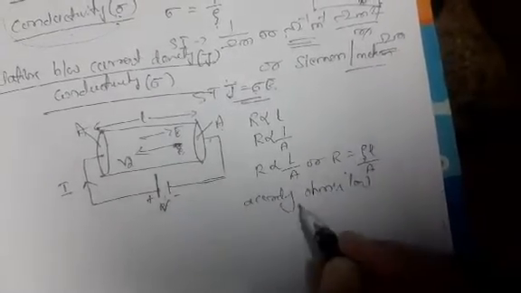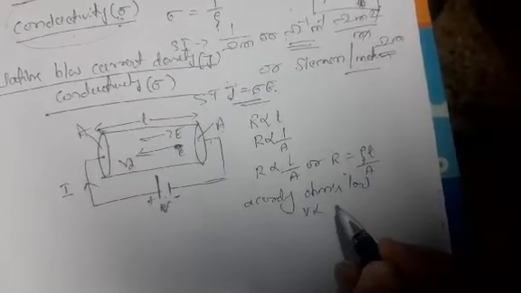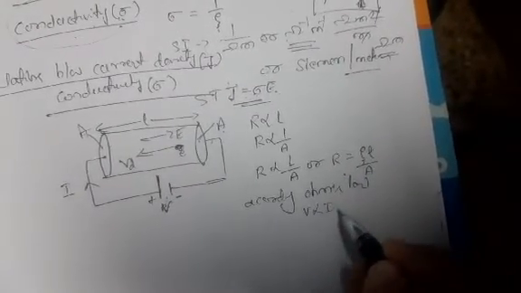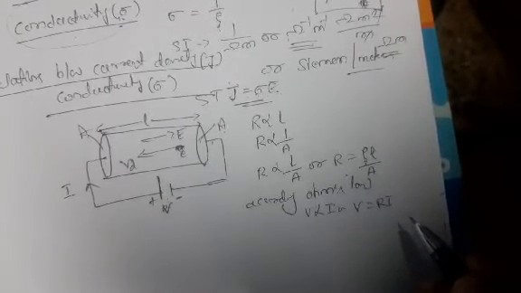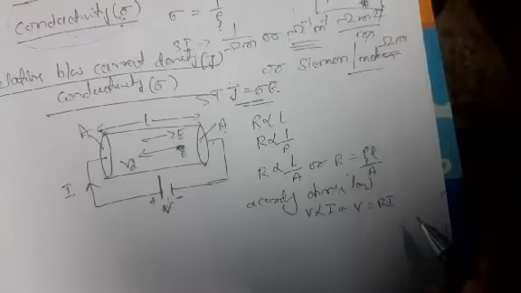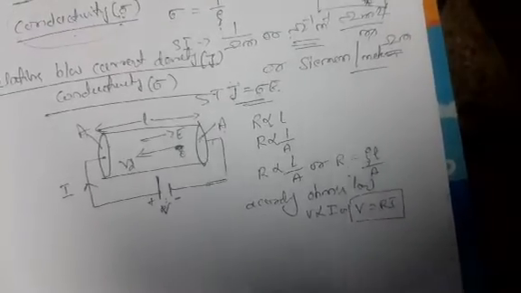That is, V is proportional to I, or V is equal to RI, where R is a constant called resistance.